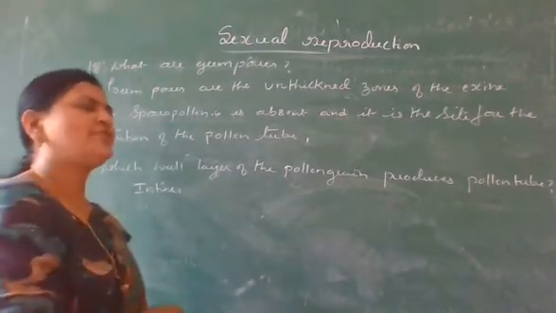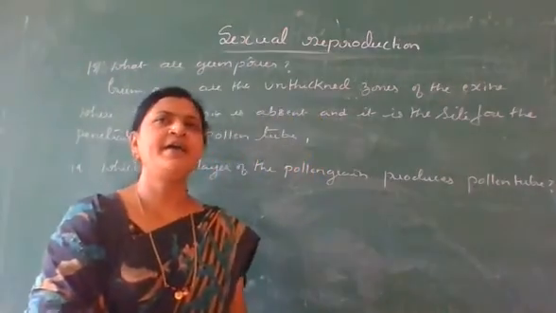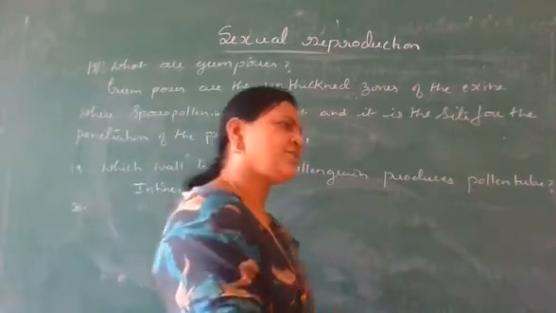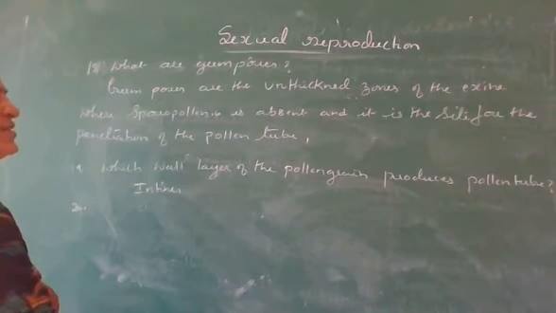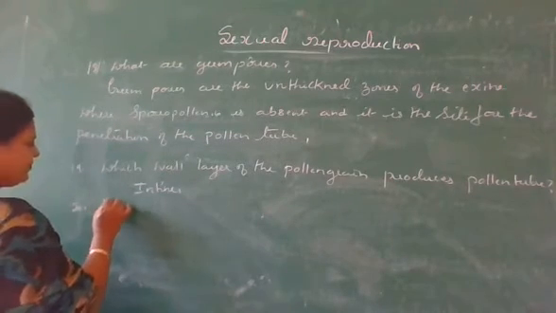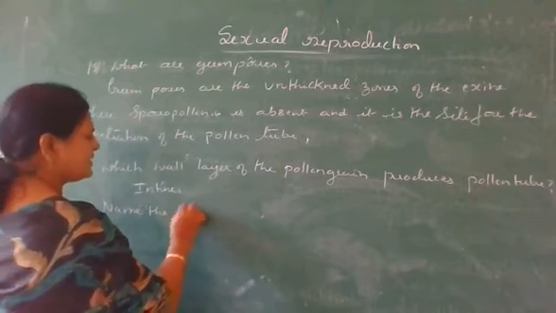As we know, in the majority of angiosperms, pollen grains are shed at the 2-cell stage. Which are those 2 cells? Name the 2 cells of the 2-cell pollen grain.